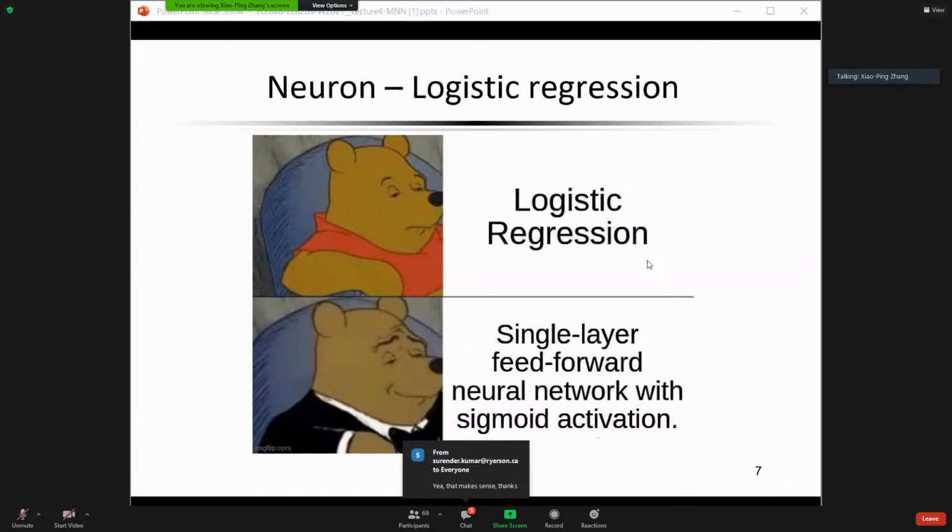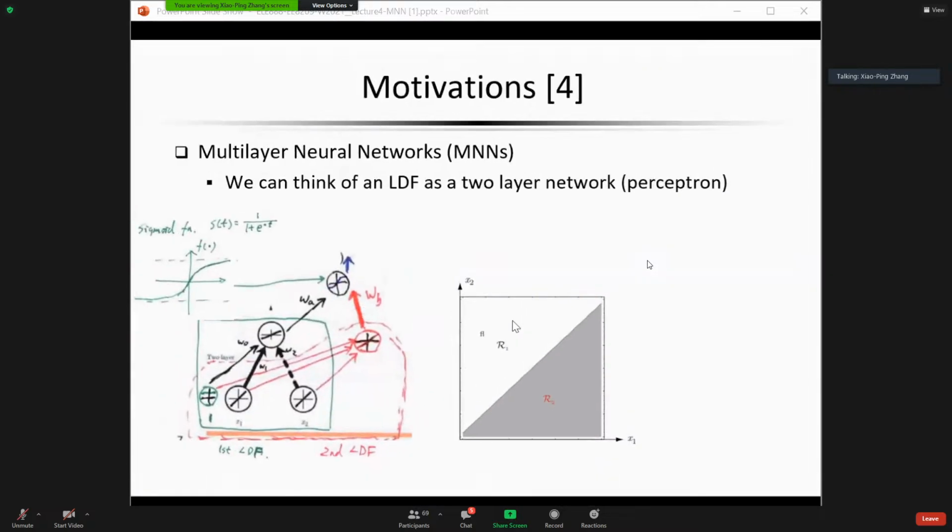However, if you don't have that knowledge, if you don't have ideas, what do we do? What is the general way we can do it? Here is what we're trying to discuss.